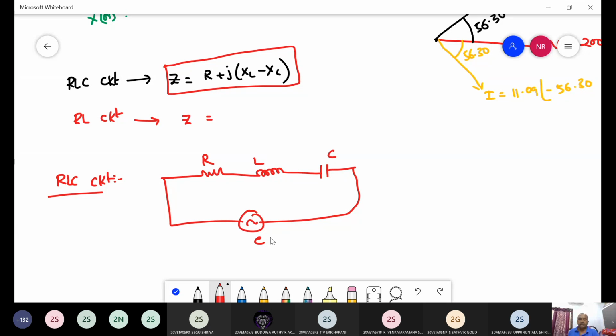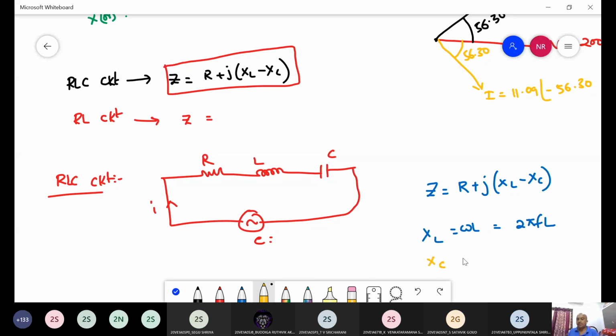Here I am given the supply voltage, then the current I. So what is Z equal to? That is R plus j(XL minus XC). XL is equal to omega L, that is 2 pi FL. Then XC is equal to 1 by omega C, not omega C. Many people make that mistake. So that is 1 by 2 pi FC.